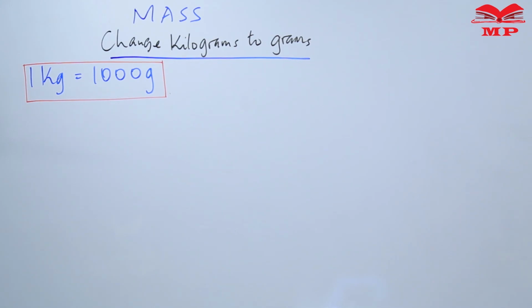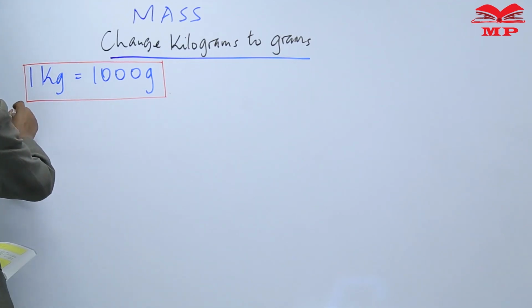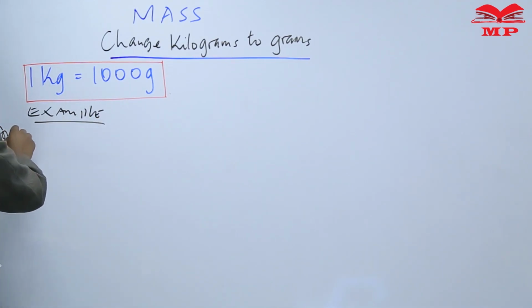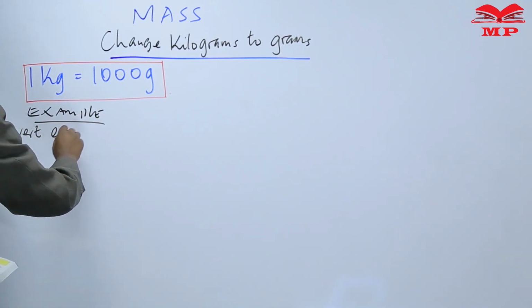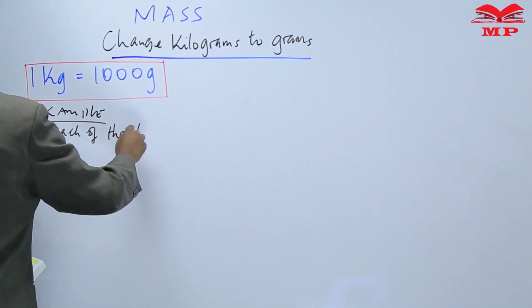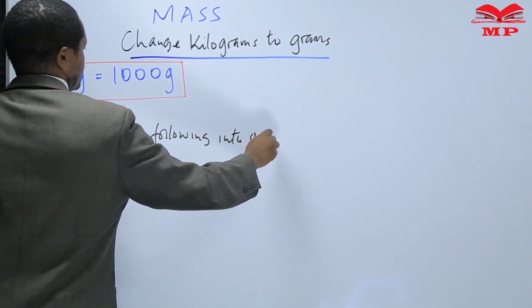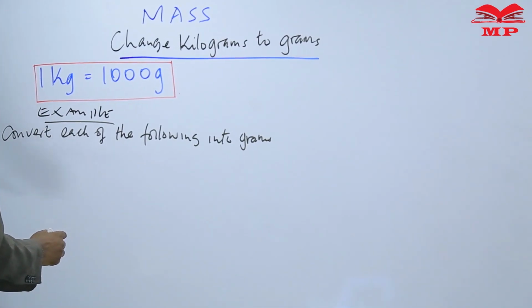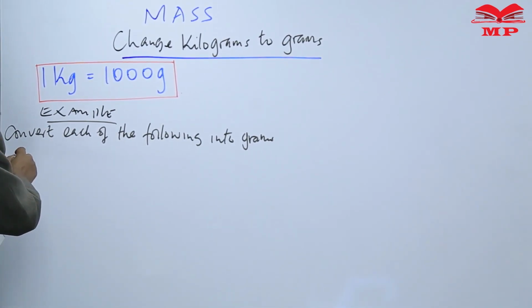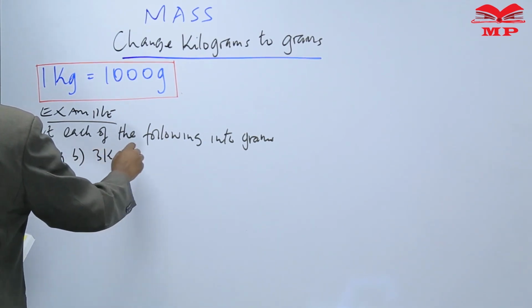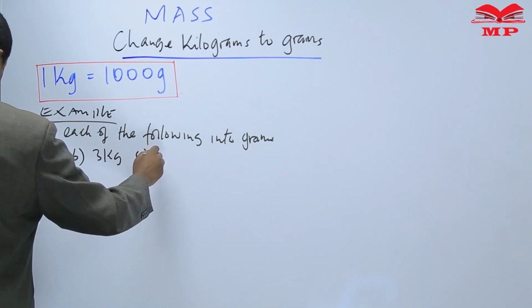Write down these exercises. Convert each of the following into grams. 1A, 2 kilograms. 1B, 3 kilograms. 1C, 5 kilograms.